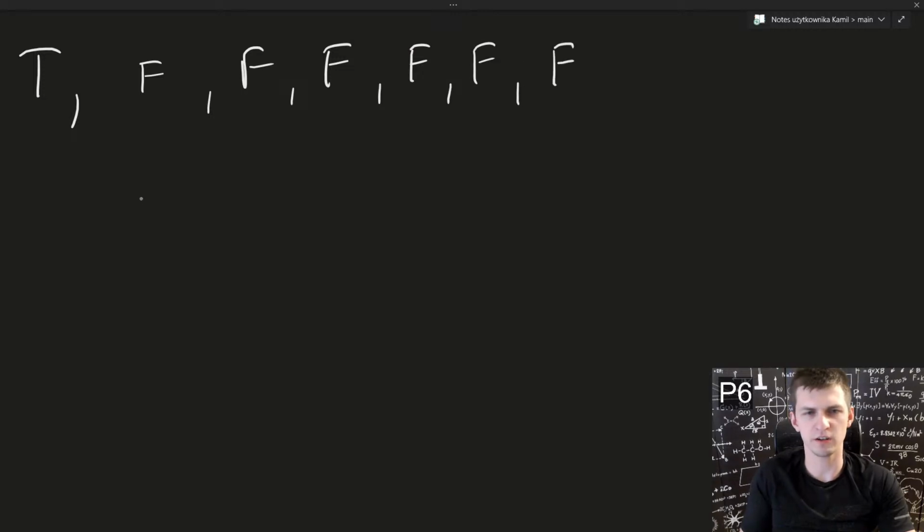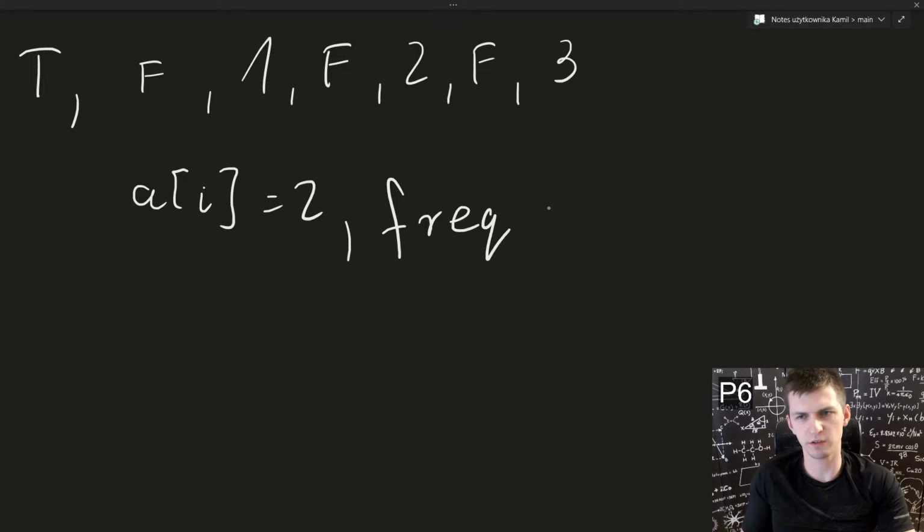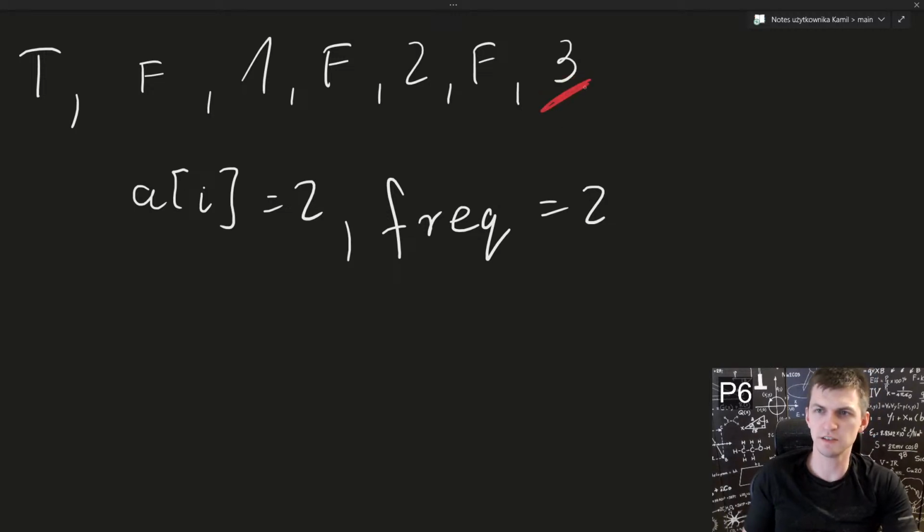And now I consider element ai equal to 2. Then this value will be set to 1, this value will be set to 2, this value will be set to 3, and this means how many times I need to use the element I'm looking at in order to get this sum. And then if you look at frequency at the end, frequency equal to maybe 2, 2 times I have number 2, then I know that this is not a valid state.